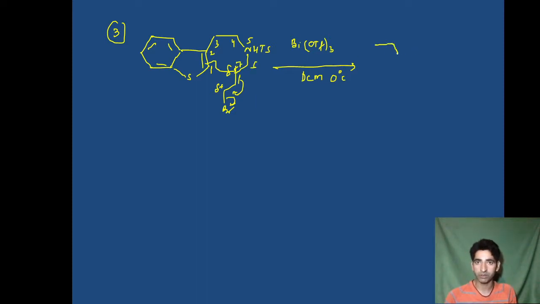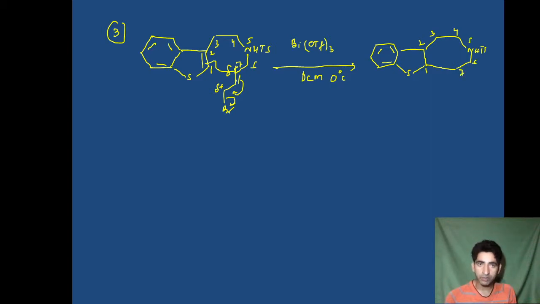So what we are going to get, this is how easy it is. So we have already a group over here. This is NHTs, and we have one more double bond over here. This is carbon 7, and the bond will be formed like this: 1, 2, 3, 4, 5, 6 and 7 membered ring.